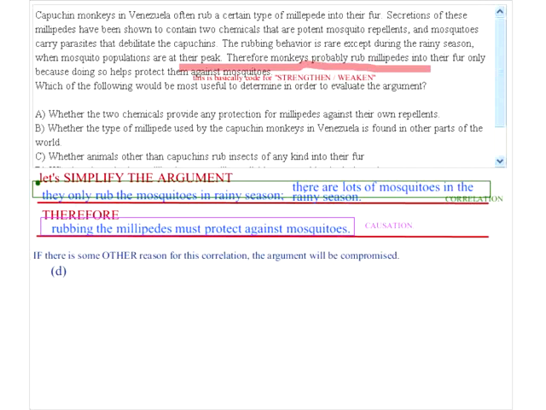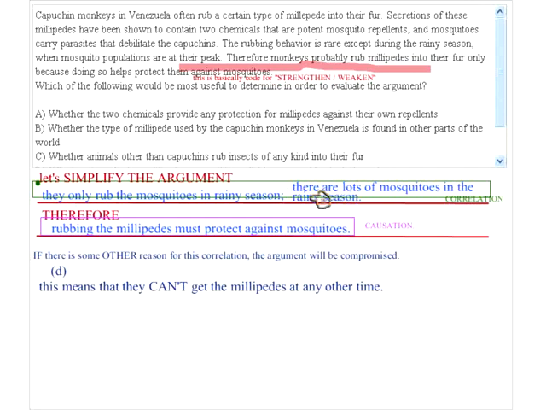First, D says this means that they can't get the millipedes at any other time. How does it affect this argument? Well, that drastically weakens this argument, if this is true.